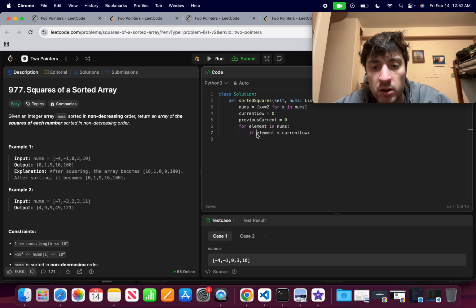So if my current element is lower than the current low and is higher than the previous one, then previous low.